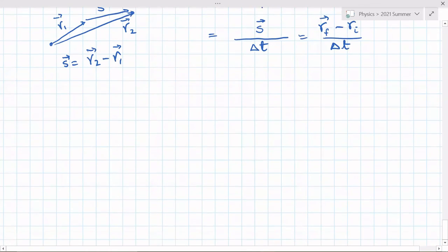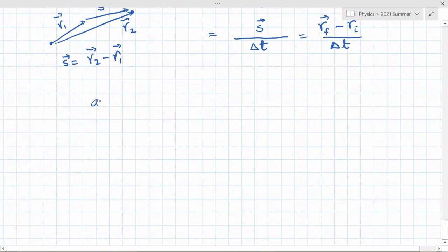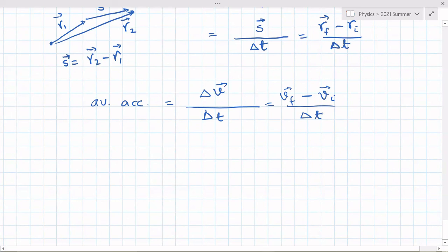Okay, and similarly, average acceleration will be delta V over delta T, right? Velocity final minus velocity initial over delta T. In case of instantaneous, since you know the calculus, you just pay attention that we're working with vectors.